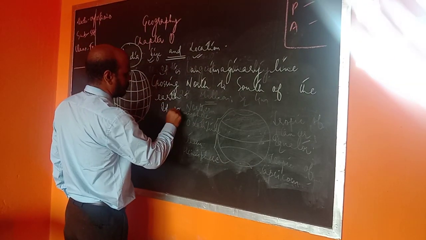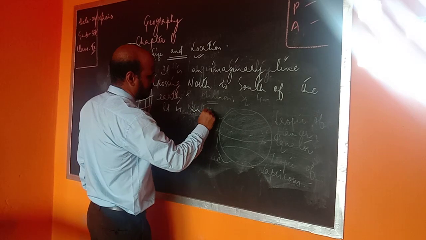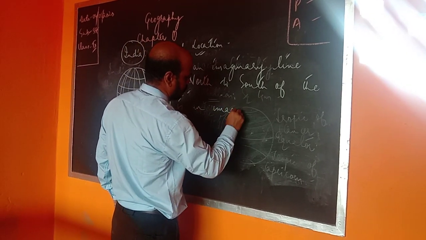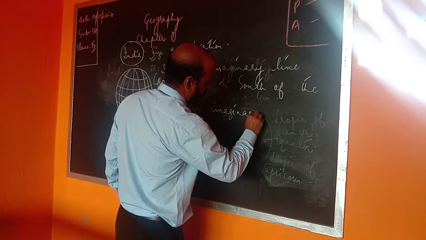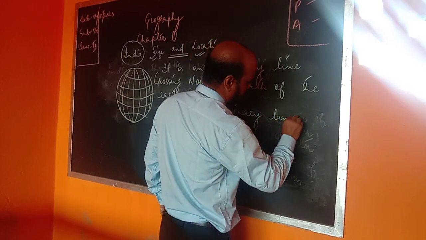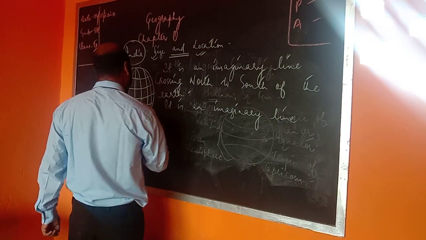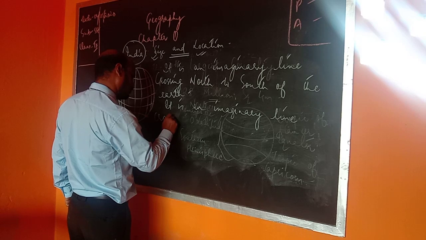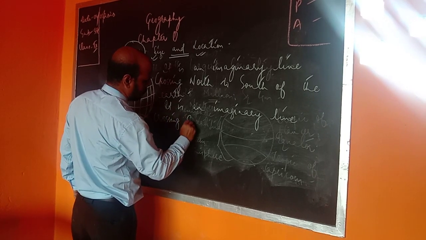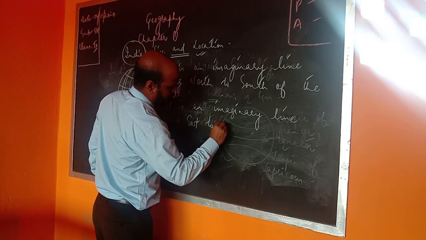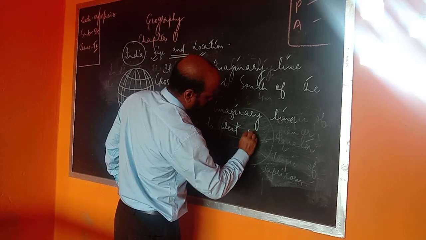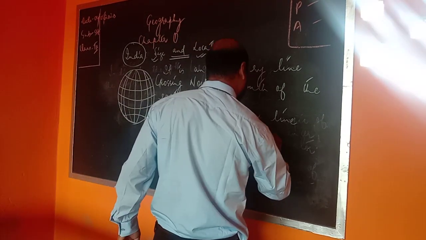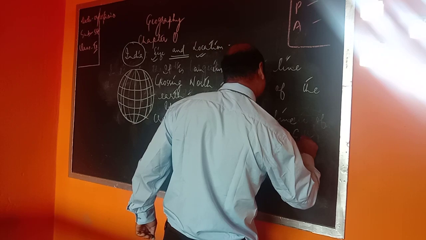It is an imaginary line crossing east to west of the earth.